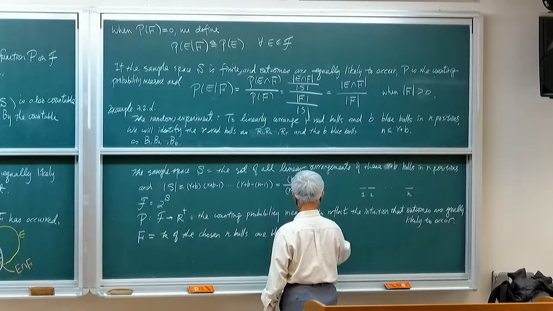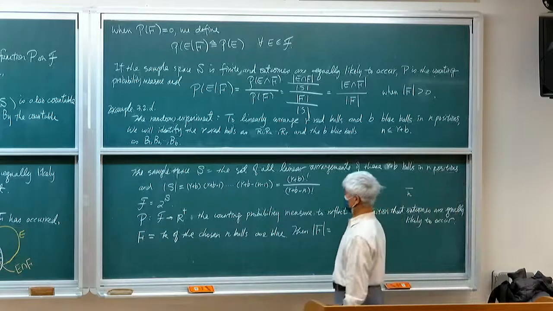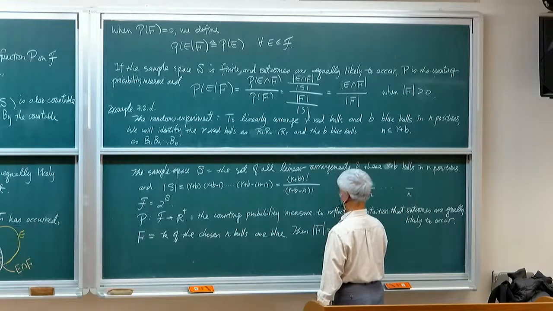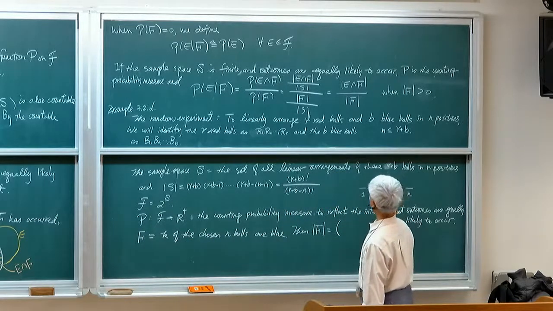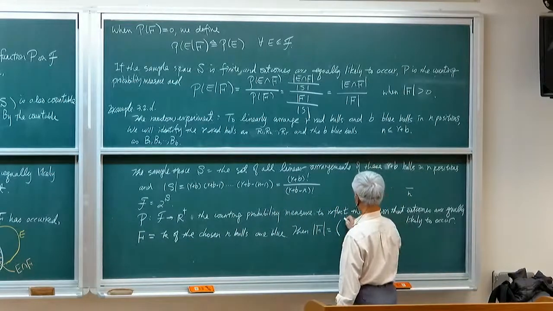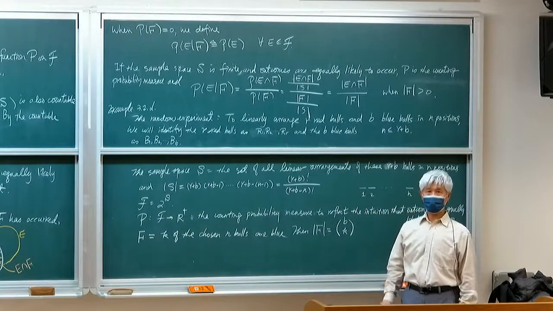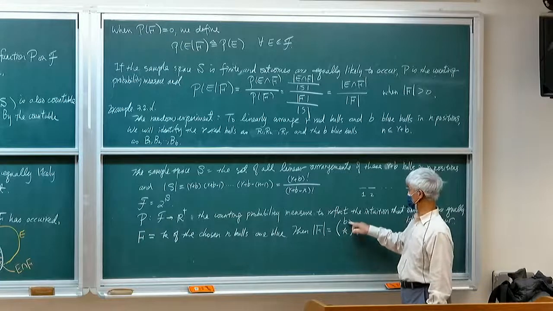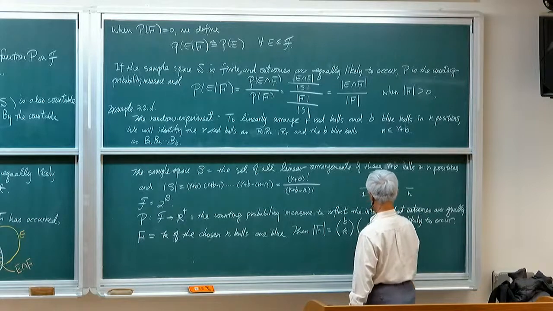So what is the size of F? First of all, you select, because K of the n balls are blue, but we have B blue balls. So first of all, you may think about that these K blue balls are selected from the B blue balls, and the rest n minus K balls are red balls.